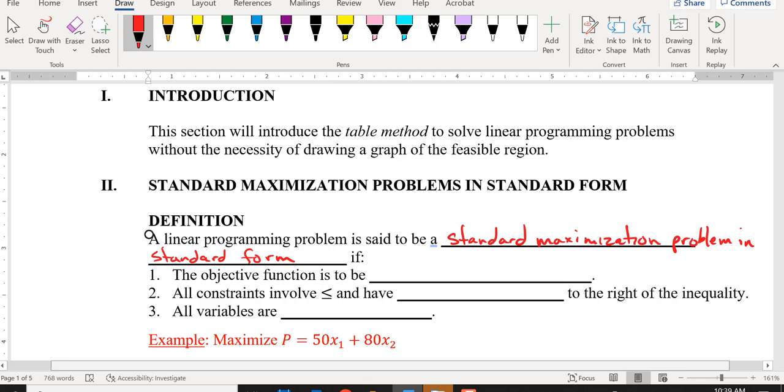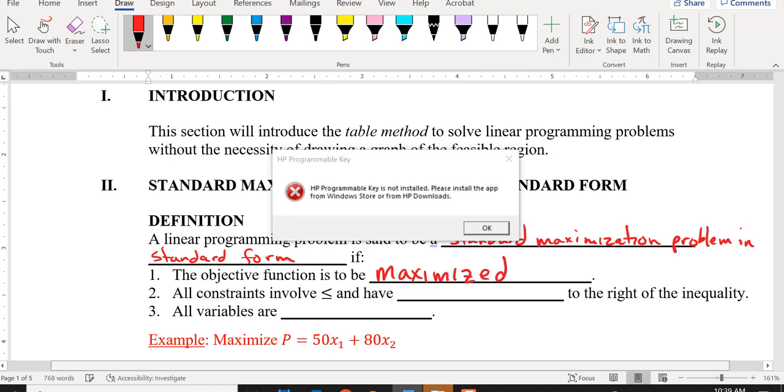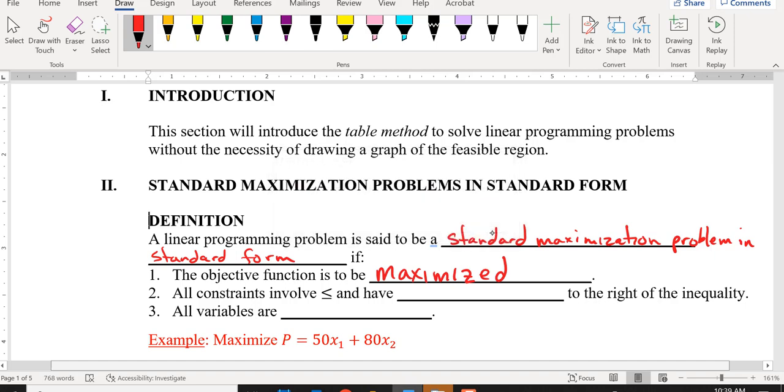The objective function, this one up here, has to be maximized, not minimized. You have to be maximizing the objective function.